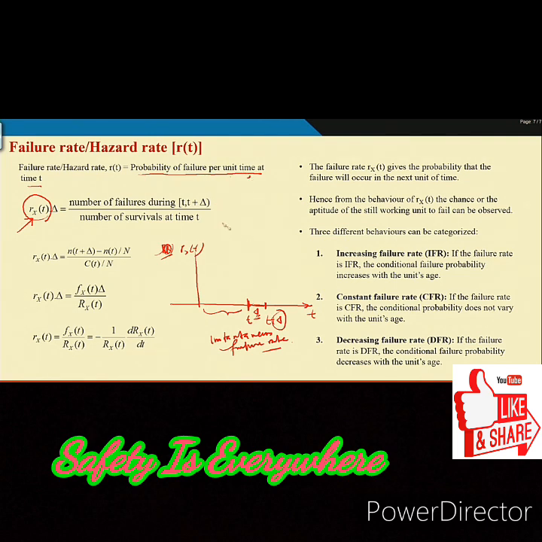That means divided by delta; if we put it here, we can multiply delta on this side, no problem. So, the number of unit failures during t to t plus delta t, divided by the number of survivors at this time. That means h(t) into delta, the time period, is this, because we are interested in per unit time.